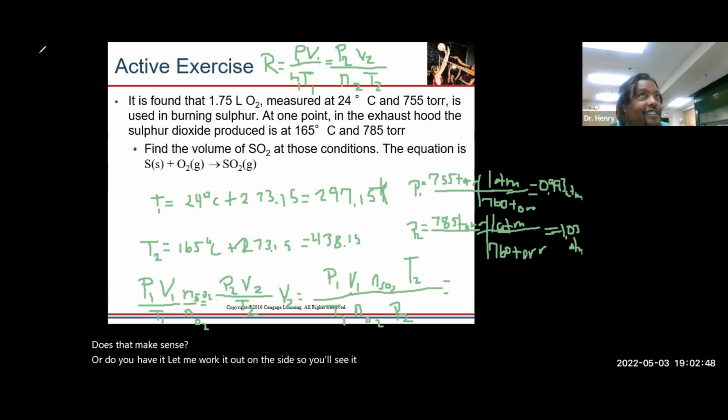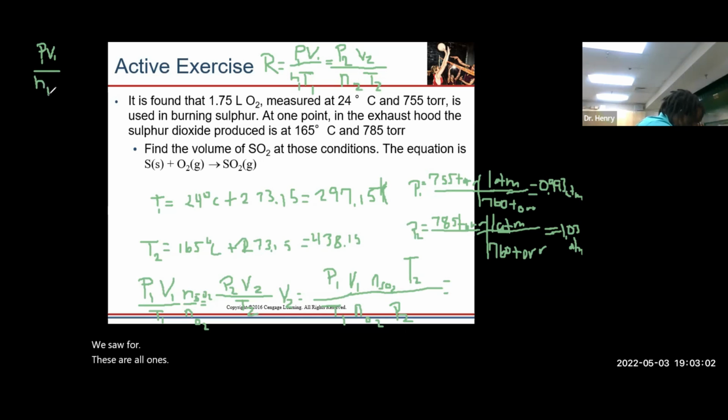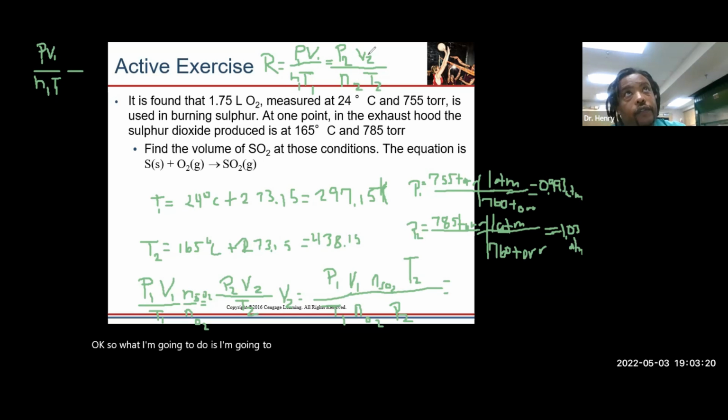So we solve for V2. Okay, so what I'm going to do is bring over all of these guys.